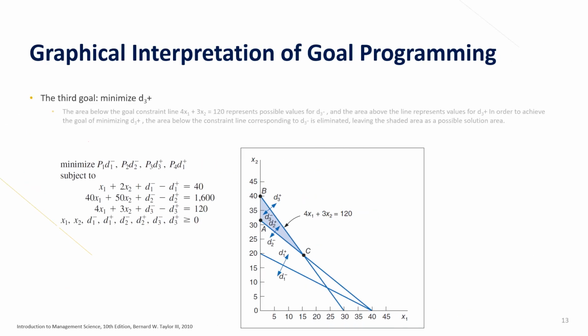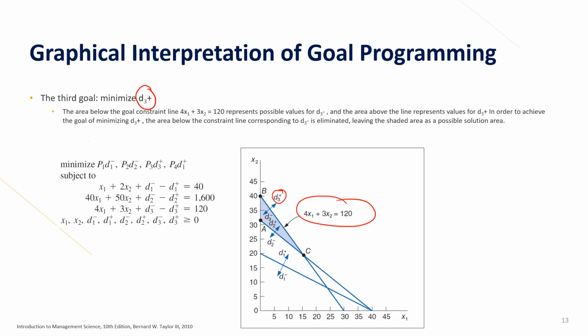The third priority goal, as you can see, corresponds to this line. It's a little bit different, where you want to minimize D3 plus. Previously all we minimized was the D minus part, and now it's D3 plus. From the line, we need to check which area belongs to D3 plus, which was previously shaded.